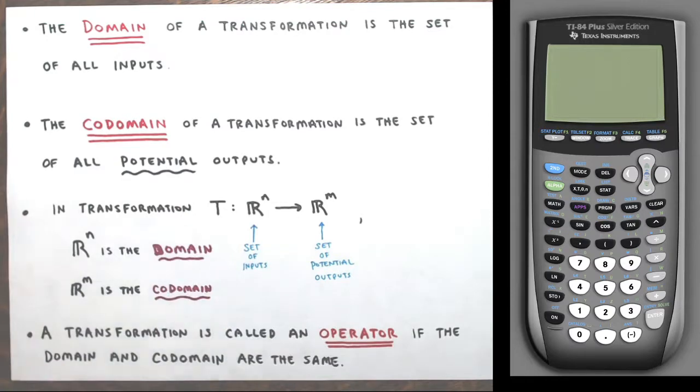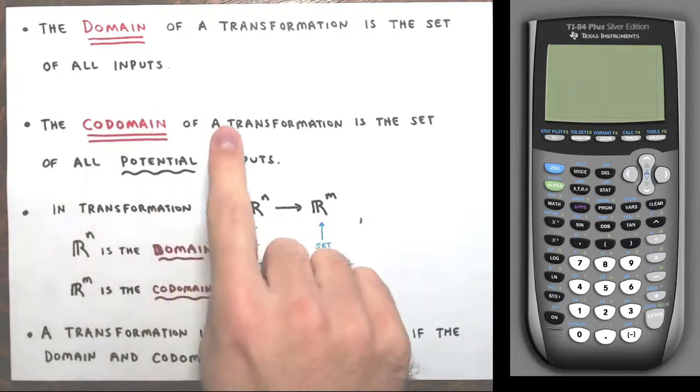So just because in the last example the codomain was R3, that does not mean that every vector in R3 is mapped to by some input in R2. There might be some vectors in the codomain that aren't being assigned to any input from the domain.